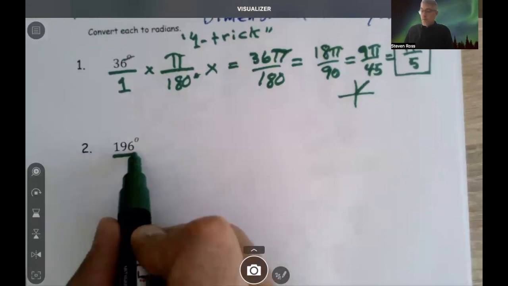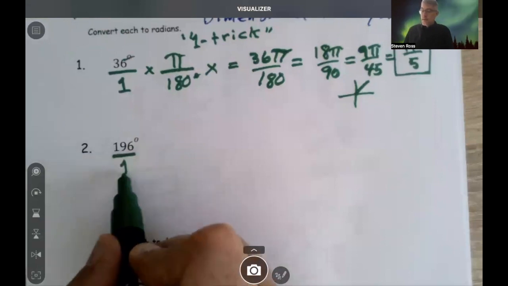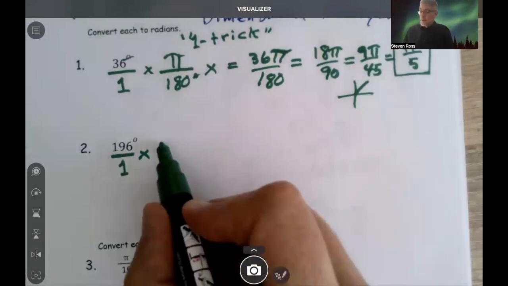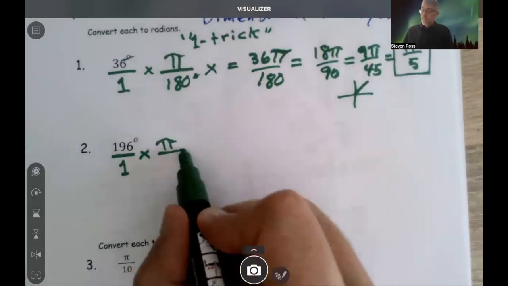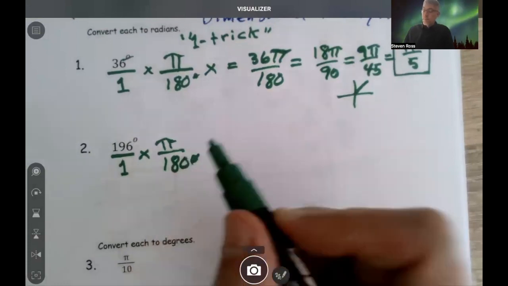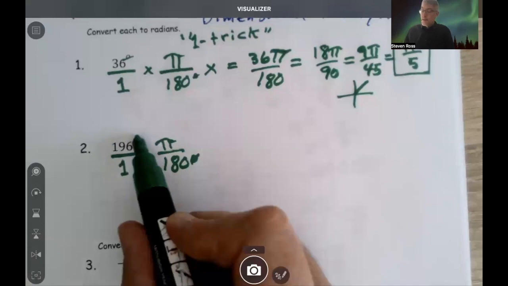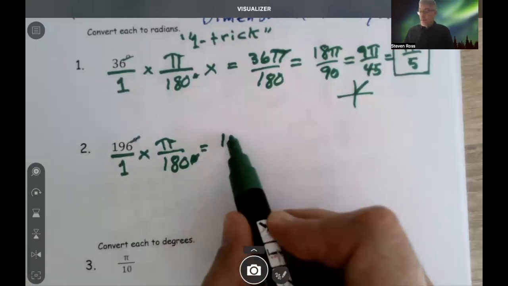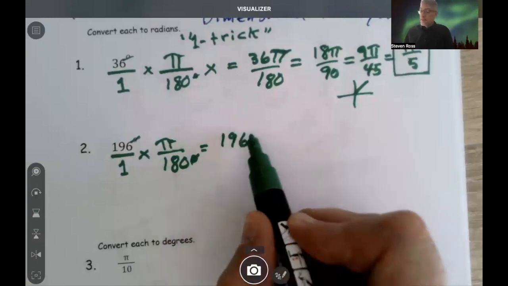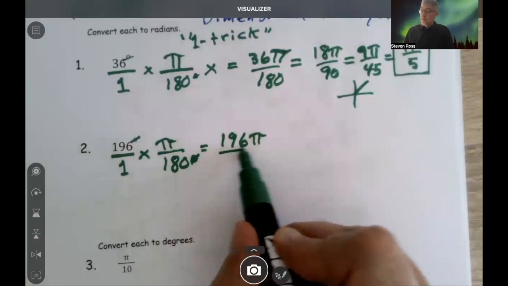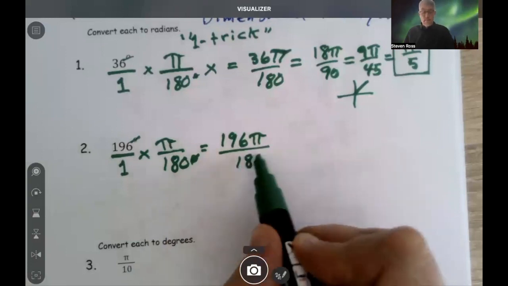I'm going to take 196 degrees and convert this into radians. I'm going to use the same conversion, the same thing over and over again, but I'm going to divide by 180 degrees so that my degrees will cancel. So I have 196, the degrees have canceled, pi over 180.